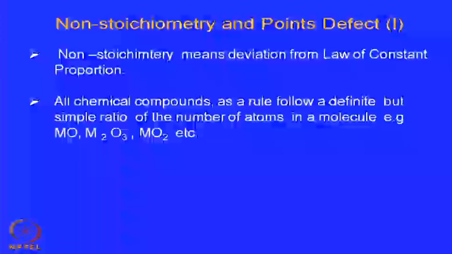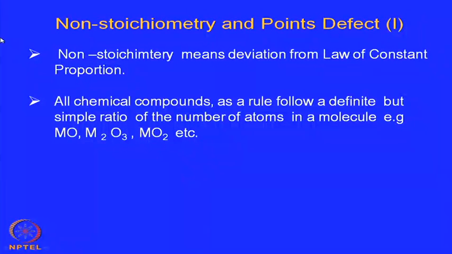So, either it is 1:1, 2:3 or 1:2 etc. So, when that is deviated, that is what we call non-stoichiometry. Instead of 1:1, it may be slightly some fraction of 1, and that means that there are some defects in it, and because of the defects the ratio has been changed.